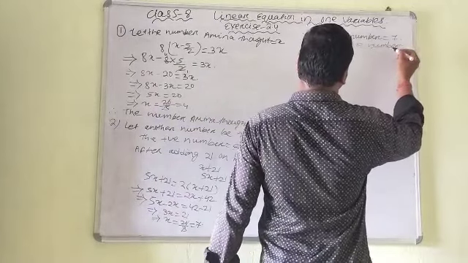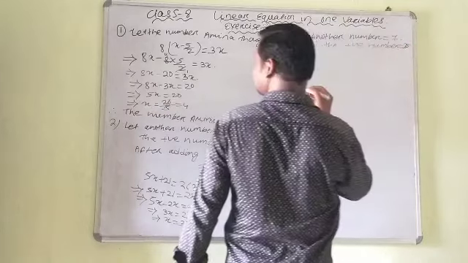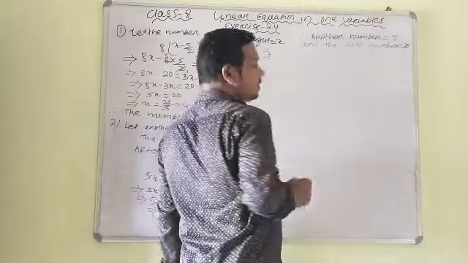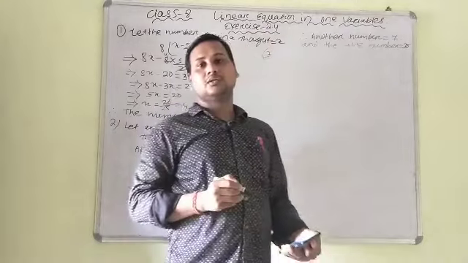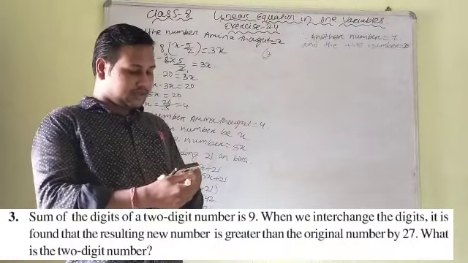So 5 7s are 35. Clear? Now we will discuss question number 3. Okay, so listen properly to what's given here.